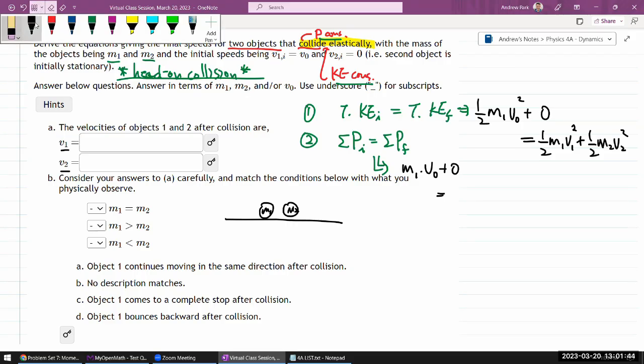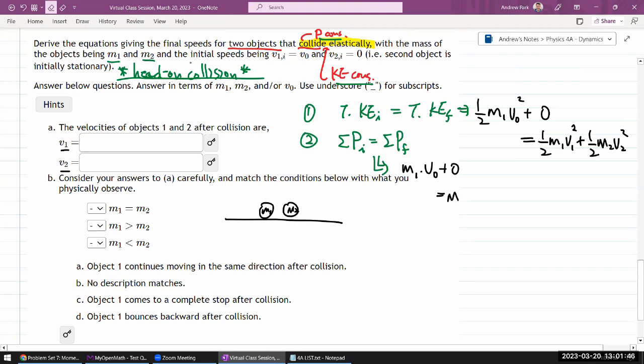So what I'm going to write down is simply M1 V1 plus M2 V2. And what I will insist on here is I didn't make any sign error. I've written these symbols as vector quantities. So if, defining this as my positive x direction, my v1 and v2 turn out to be positive, then that's the solution telling me that these are moving in the positive direction.